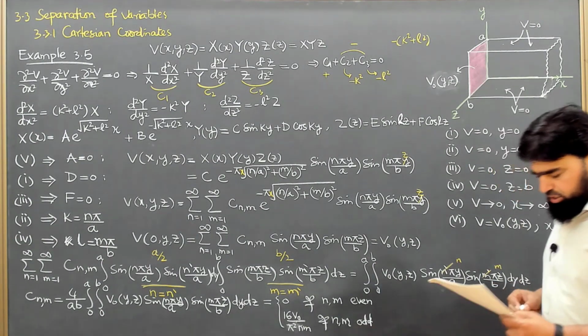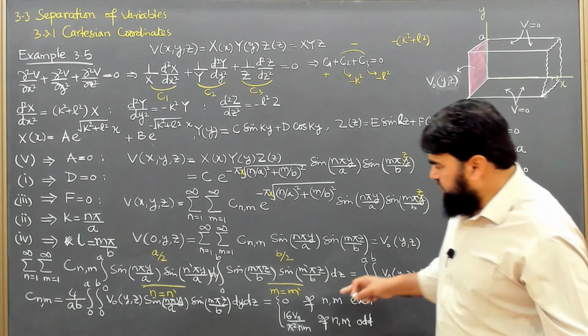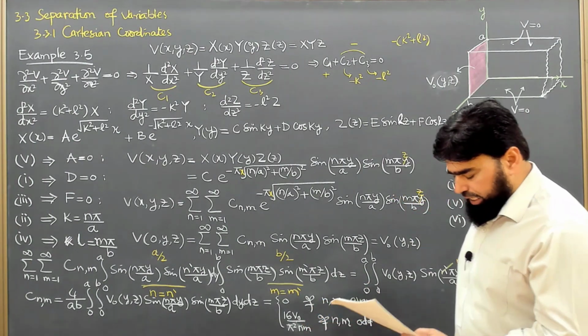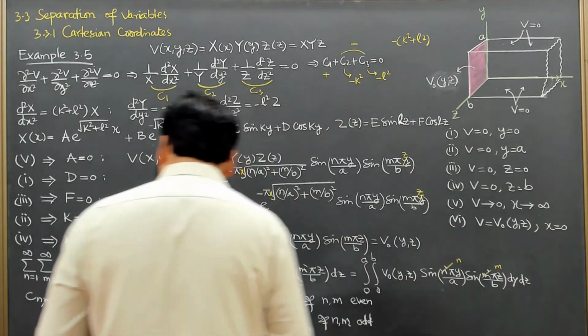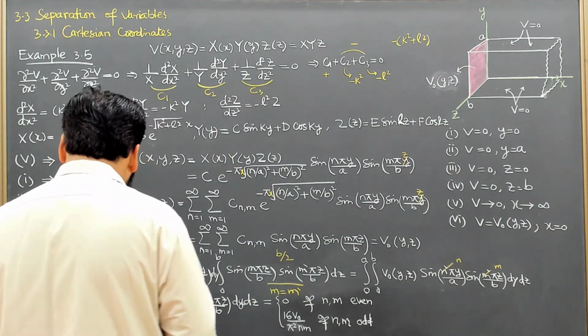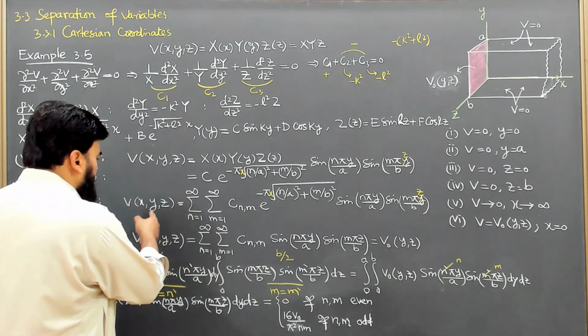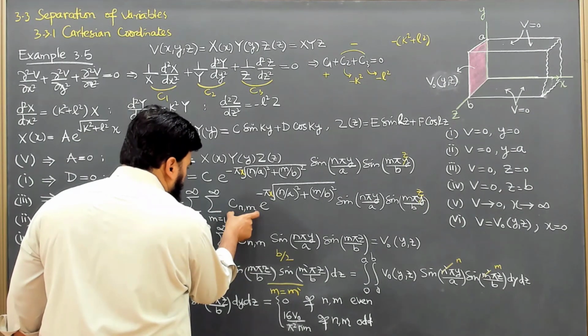So in the final solution, we will put this value for c_nm, and then there will be summation over n and m, because we have found the value of c_nm. So this is V(x,y,z), and here we put the value of c_nm.